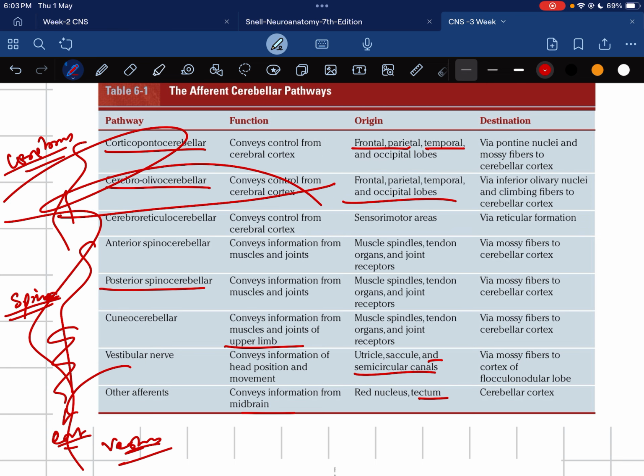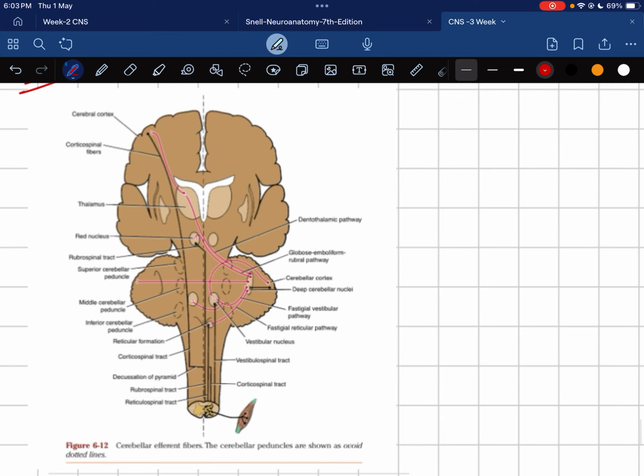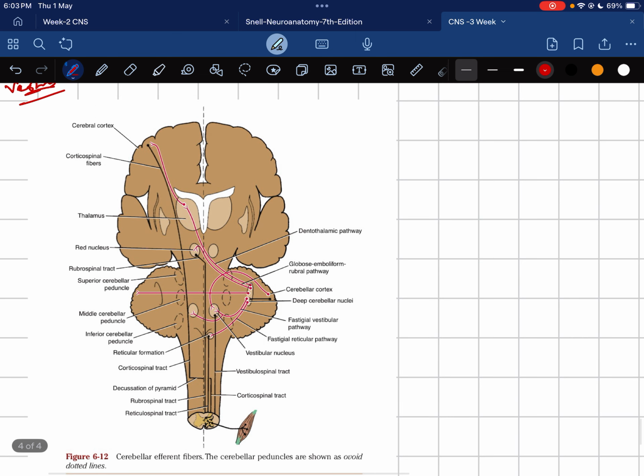So moving on to efferent. These are the efferent fibers. They are the connections from the deep cerebellar nuclei to other parts of the brain or spinal cord. So there is the dentothalamic pathway from the dentate nucleus to the thalamus, and the thalamus connects to the cerebral cortex.